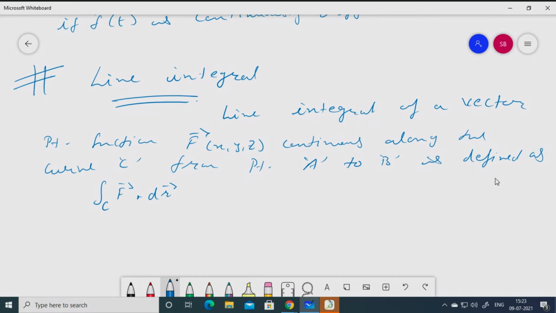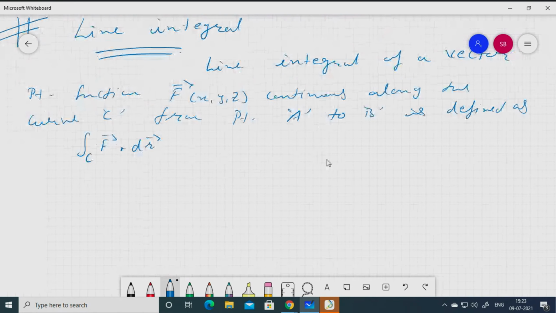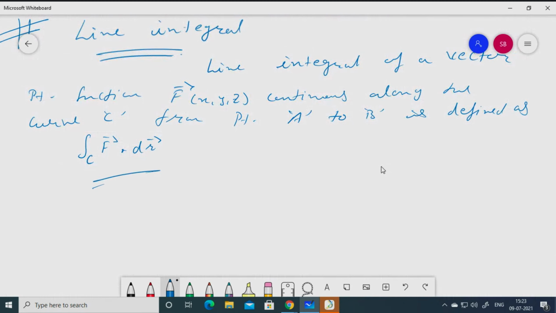This is how you define your line integral of a vector point function. Understood? So this is how you calculate the line integral: f bar dot dr bar over the curve C from points A to B. Now if you assume your f bar to be f1 i plus f2 j plus f3 k, that is also a vector. F bar is a vector only, no?